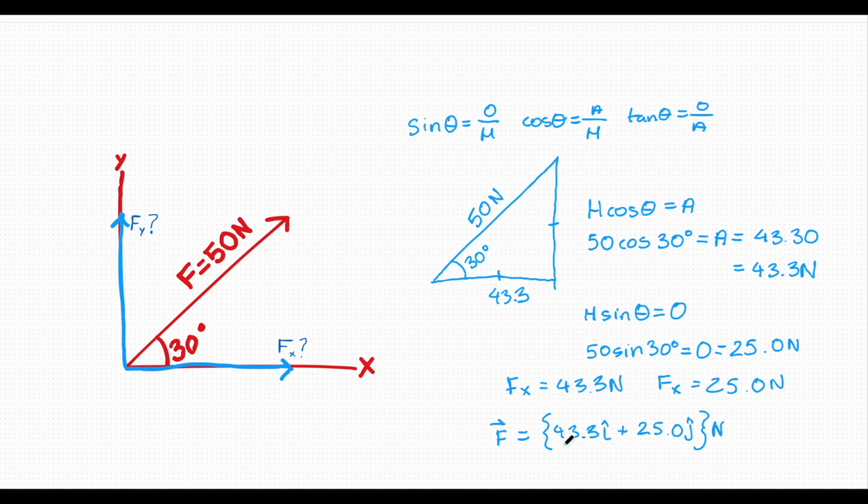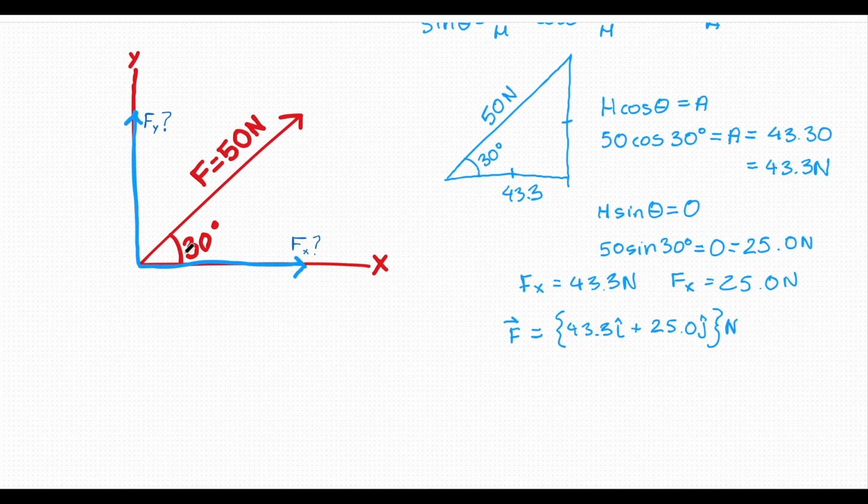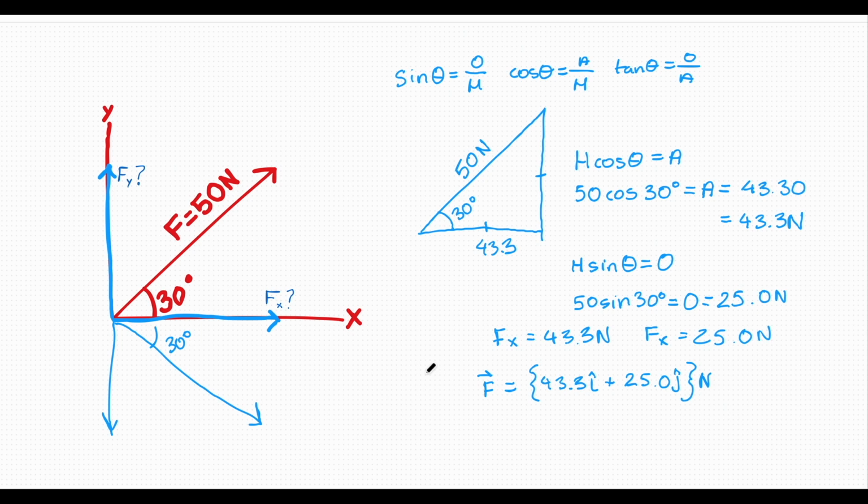Now, these are both positive because if we just look at the context, the x component would be turning to the right, and the y component seems to be going in the positive direction. But of course, if we had some kind of force going this way, and let's say this was also 30, if we calculated the x component, it would also be positive, but in this context, the y component would be going down, and so we would have to write this as negative. And so that's how you solve it.